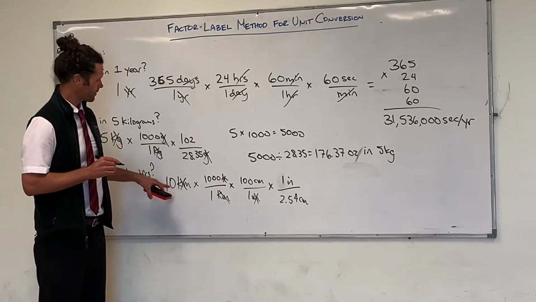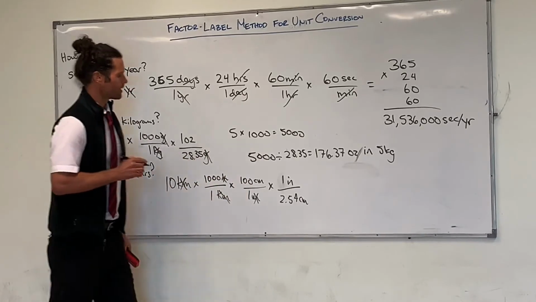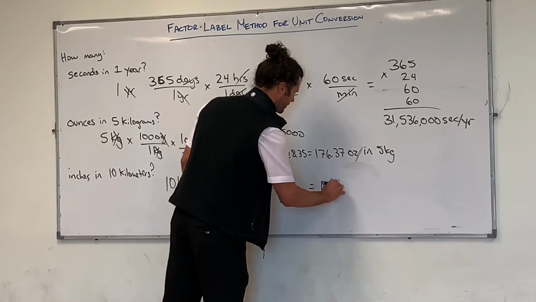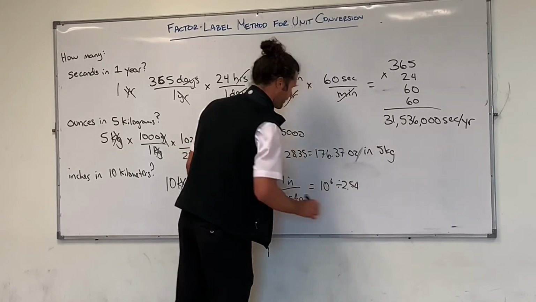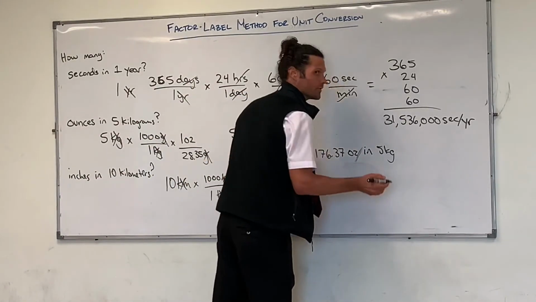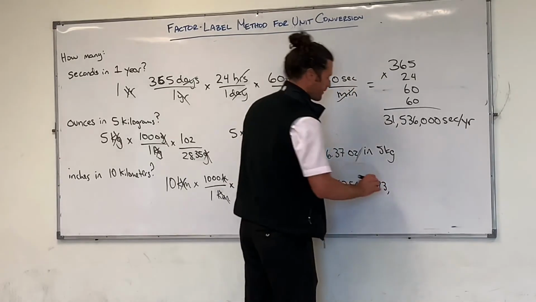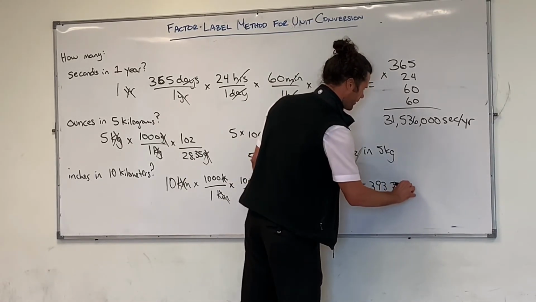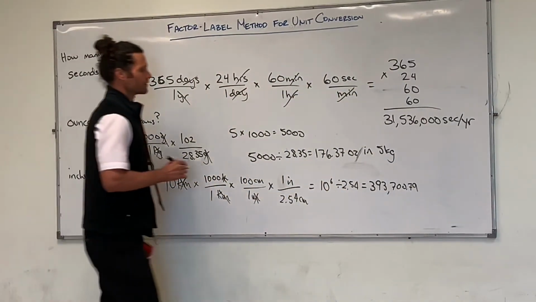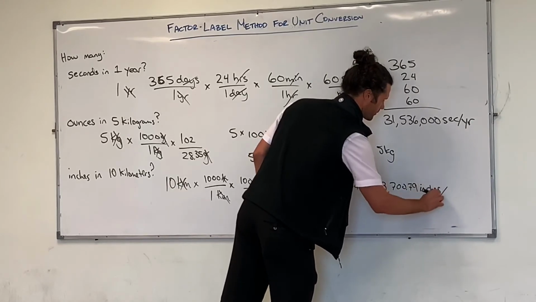Let's just count up our zeros. 1, 2, 3, 4, 5, 6 zeros, which means 10 to the sixth. 10 to the sixth divided by 2.54, or 1 million divided by 2.54, which is equal to 393,700.79. And again, that's inches in 10 kilometers. Inches per 10K.